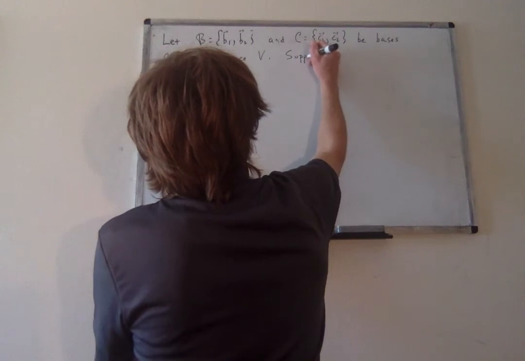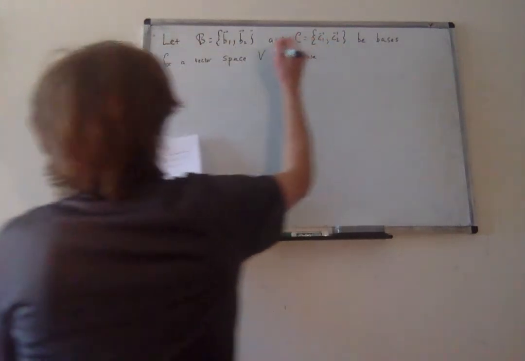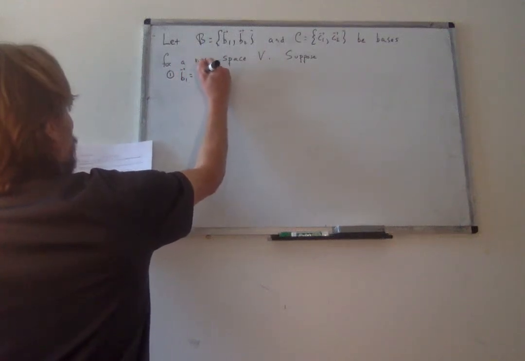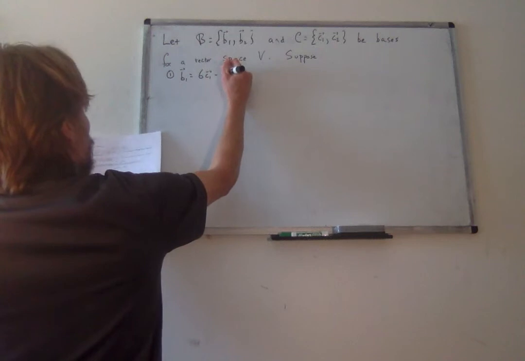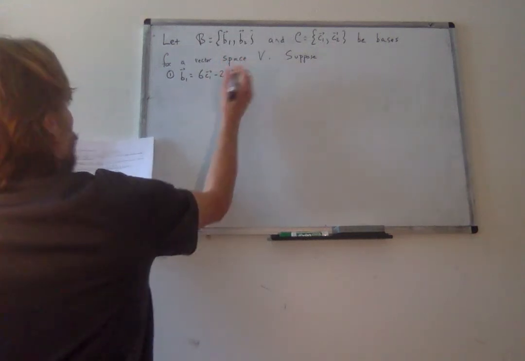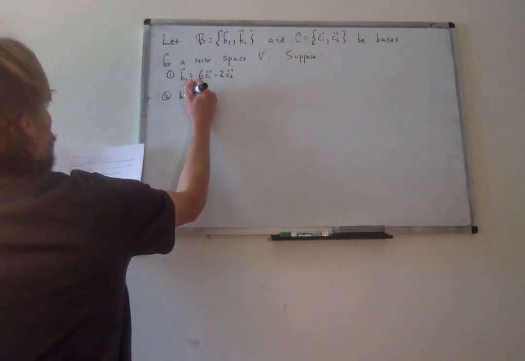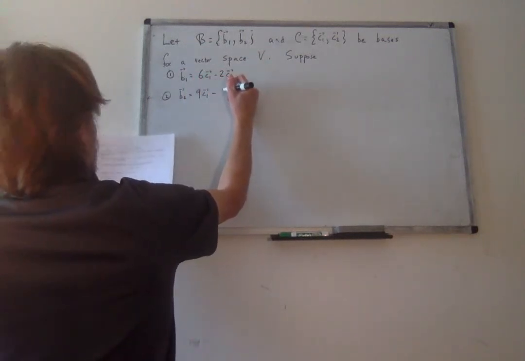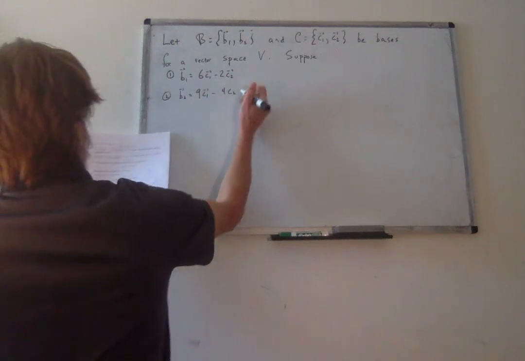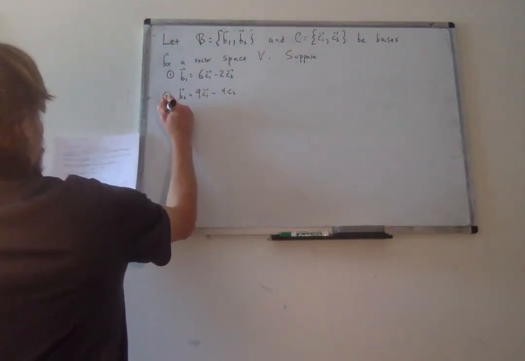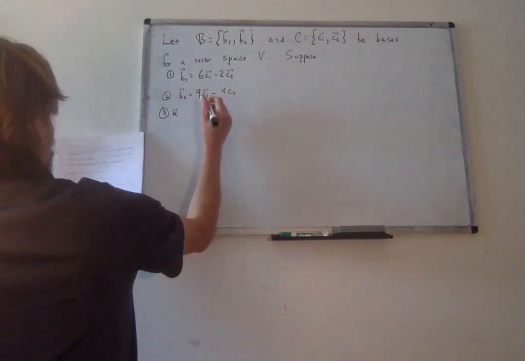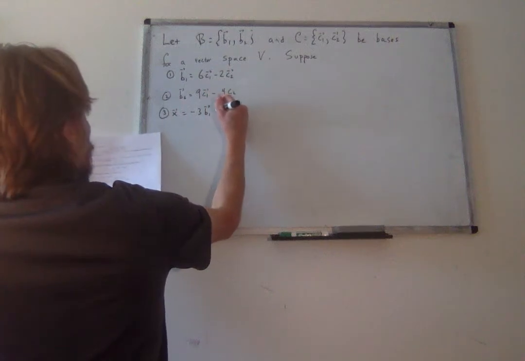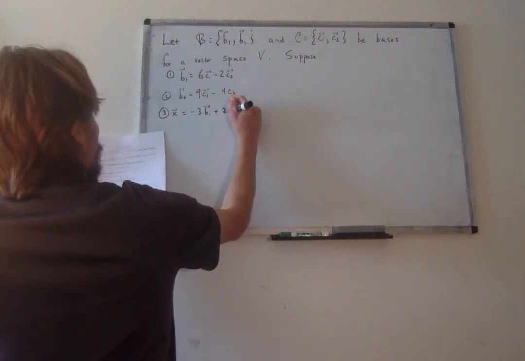All we're going to know are the following three things. That B1 can be written as a linear combination of C1 and C2, as so. That B2 can be written as a linear combination of C1 and C2, as so. And that we've got some vector x that can be written as a linear combination of B1 and B2, as so.